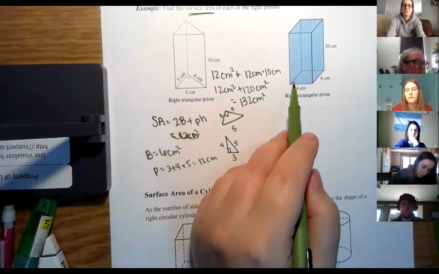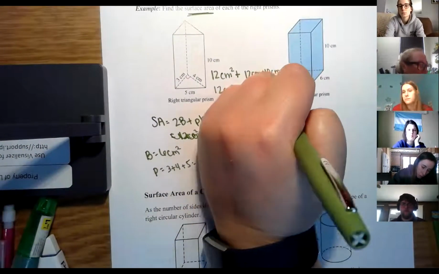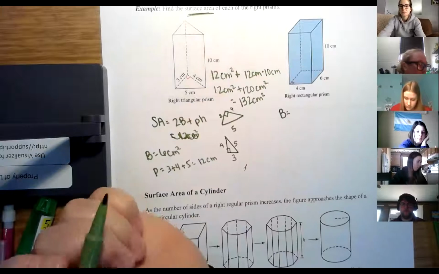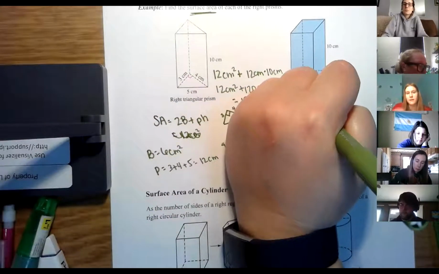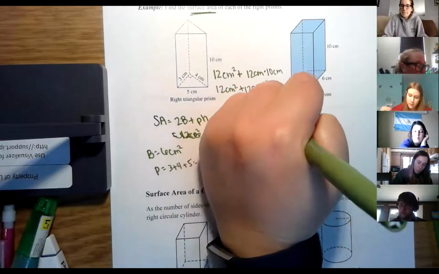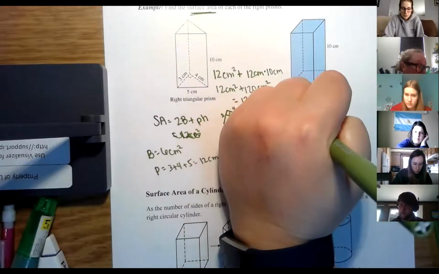If this guy is my base, what's the area of that base? 24. And then times 2 because there's 2. So 2B would be 48.